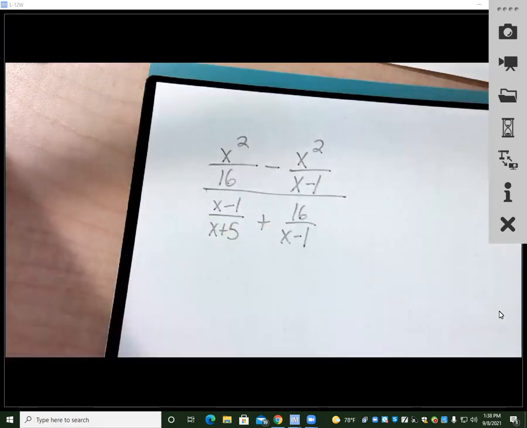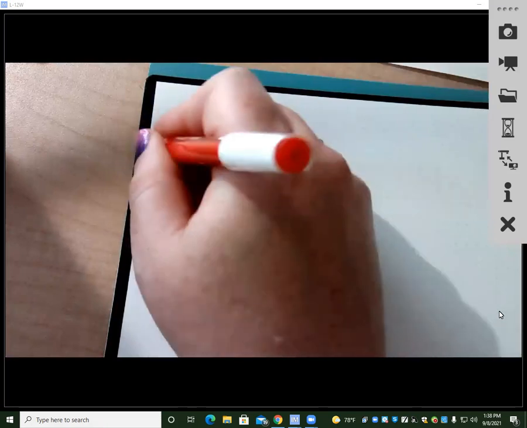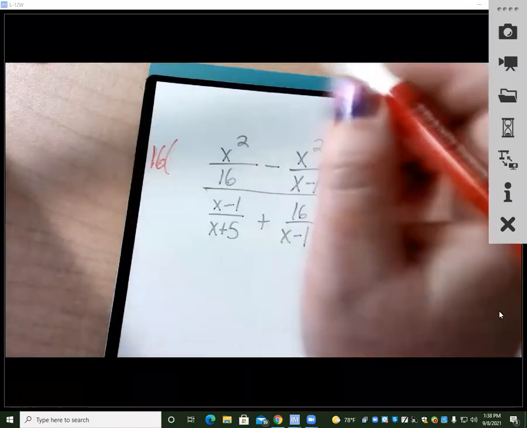Would you agree with the common denominator being 16 times x minus 1 times x plus 5? Yeah, it's a lot, but you know what? So am I. So there we go. Let's put that in there. We got 16 times x minus 1 times x plus 5.